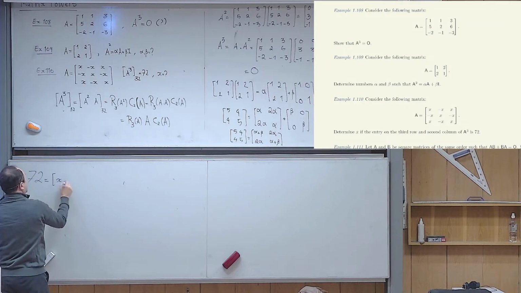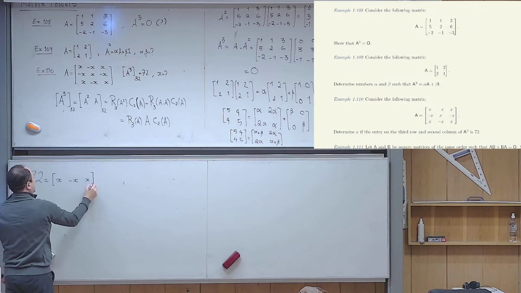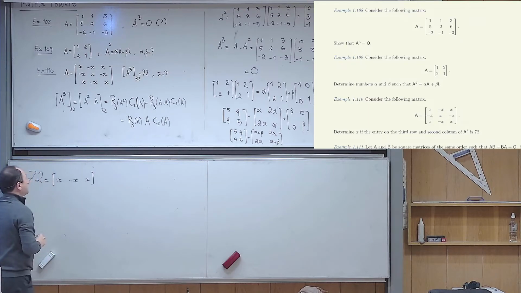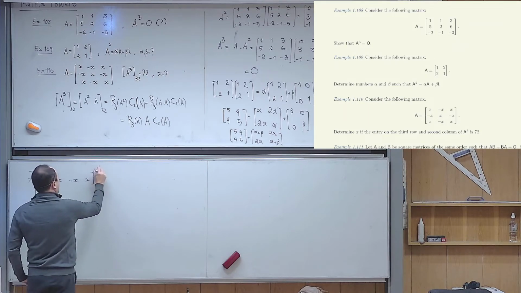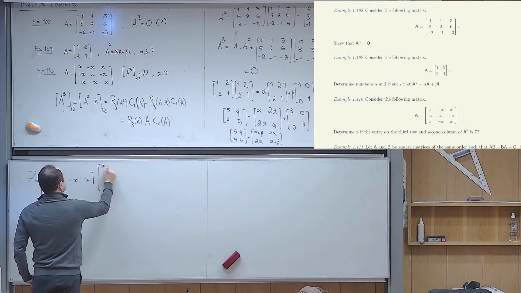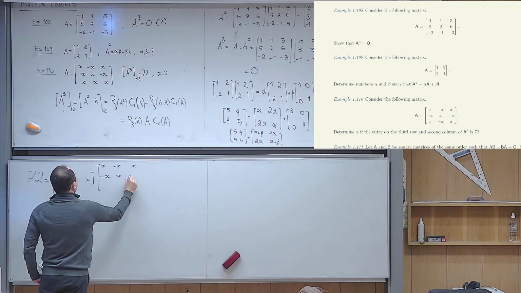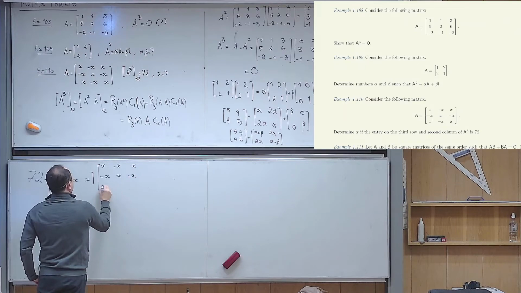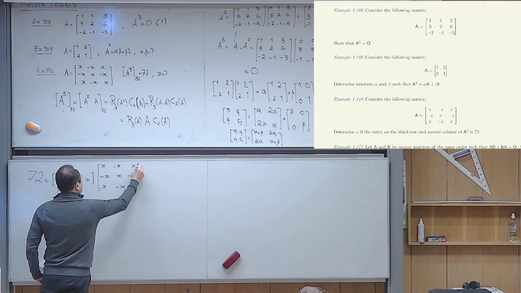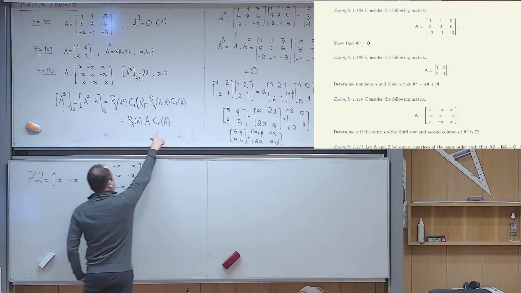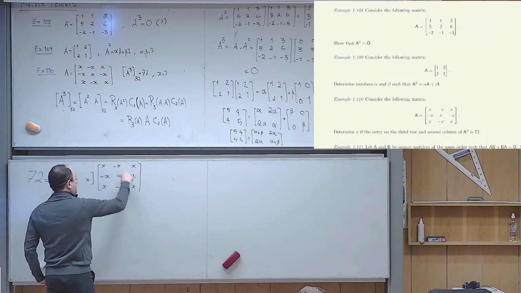It is x, minus x. And then I multiply it by the whole matrix, x, minus x, x, minus x, x, and x, minus x, and then I have x, minus x and x. And then I multiply it by the second column of A, which is this matrix.